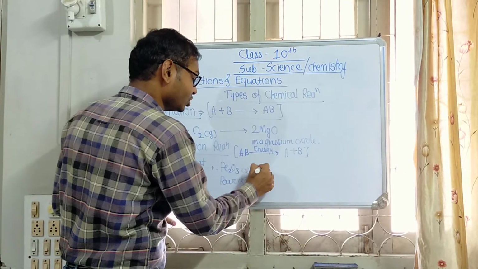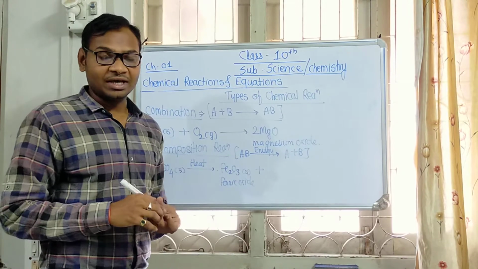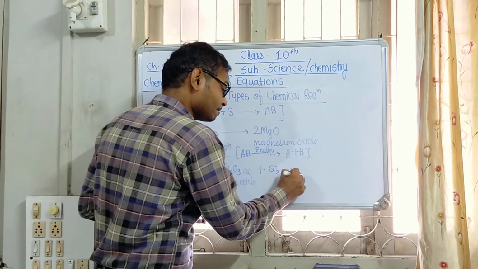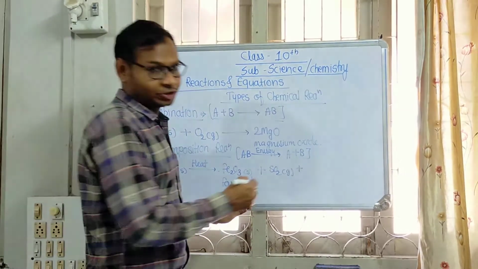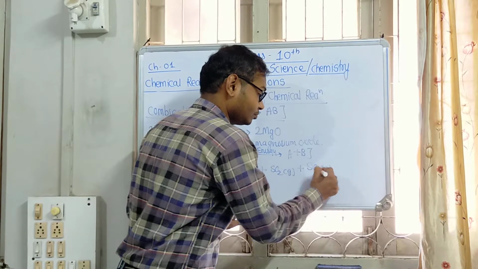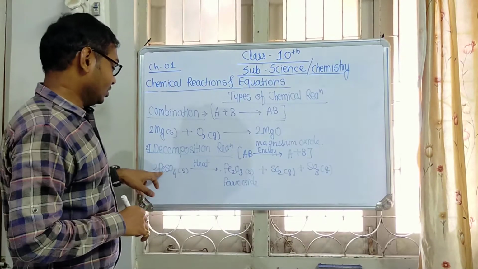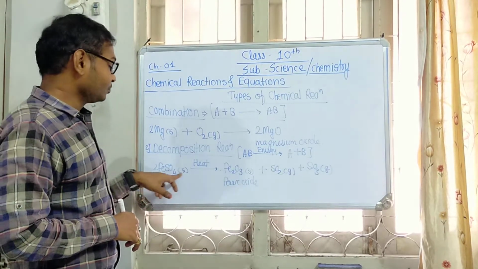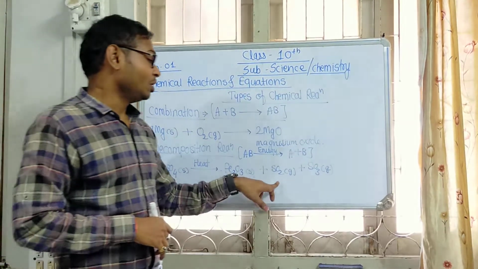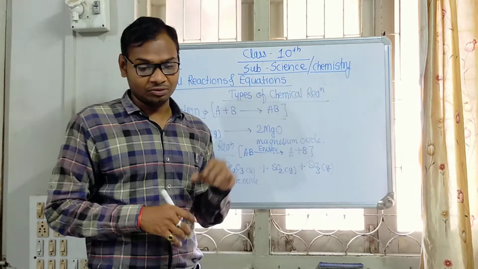This state is solid, and during that, gases get released. First gas is SO2 gas, and the second gas is SO3 gas. 2FeSO4 on heating gives us ferric oxide, that is Fe2O3, and SO2 and SO3 gases get released.